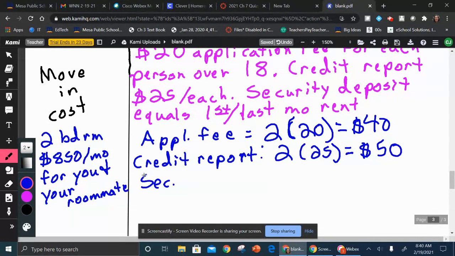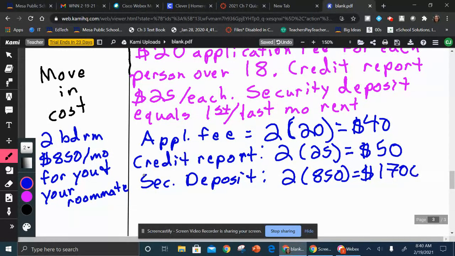And then we have the security deposit, two times 850, 1,700. We're going to add all these together, everybody.